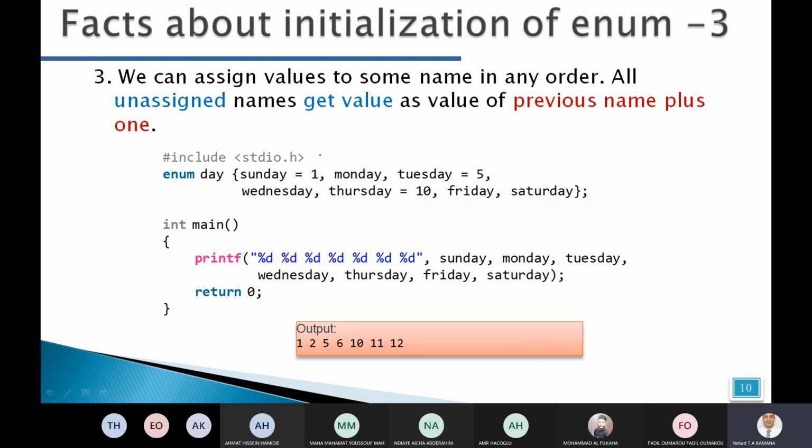Fact 3, we can assign values to some names in any order. So I can give for any constant. When I say some names, this means constants from the enum. I can give any values in any order. It's not necessary to be ordered.